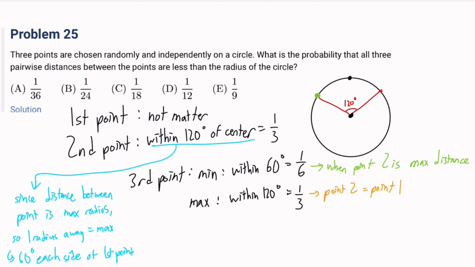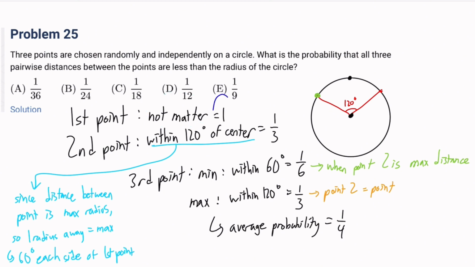So for this one, we have a range of different values, with 1/6 being the minimum and 1/3 being the maximum, right? And so for this, we need an average probability, which is going to equal 1/4, right? The first point doesn't matter, so that's a probability of 1.